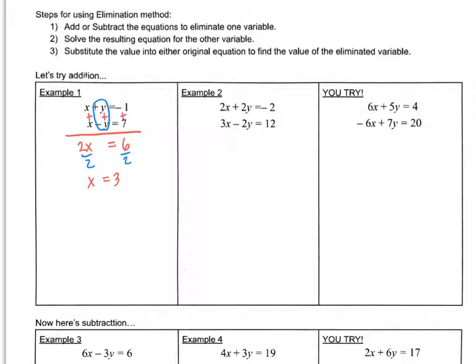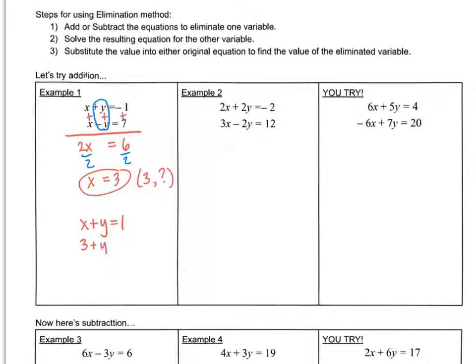Remember that we're only halfway done. This is 3 comma something, so we have to figure out what y is. I could use either the first or the second equation. Let's do the first one. So x plus y equals -1 is my first equation. I know x is 3.